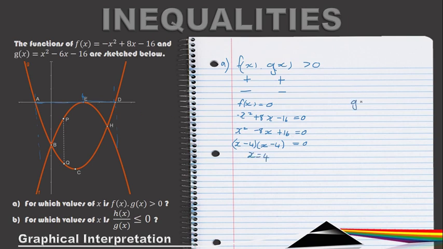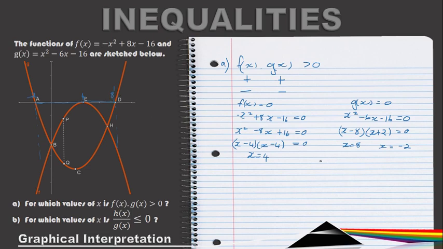For g(x) equal to 0, we have x squared minus 6x minus 16 equal to 0. Factorizing that, we get (x minus 8)(x plus 2) equal to 0. So x is equal to 8 or x is equal to minus 2. So minus 2 lies over here and 8 lies over here.